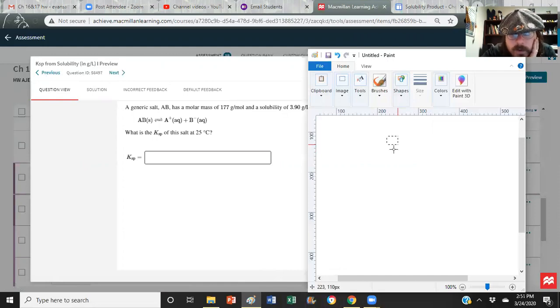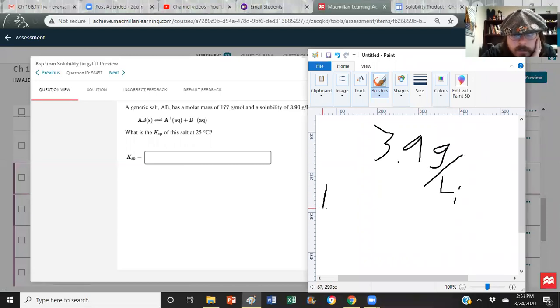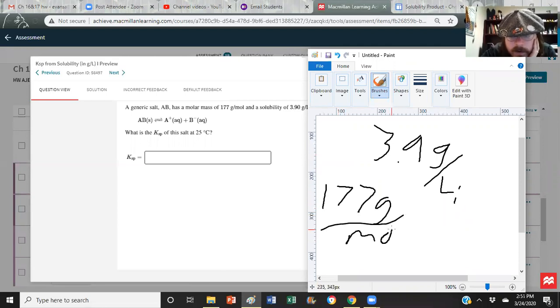So if I have 3.9 grams in a liter, and I have 177 grams in a mole, I want to know how many moles in a liter. So I'm going to take my 3.9 and divide it by my 177. That will give me moles in a liter.